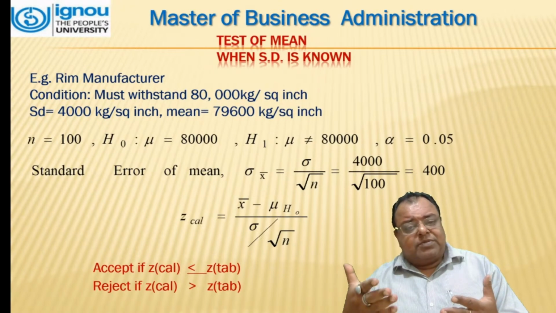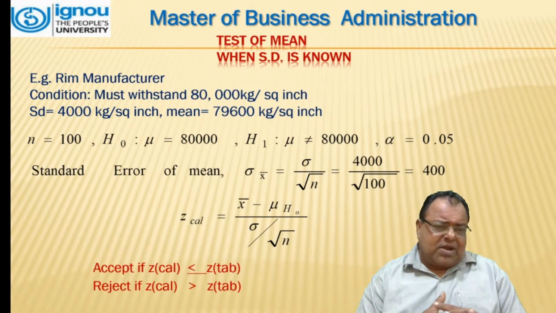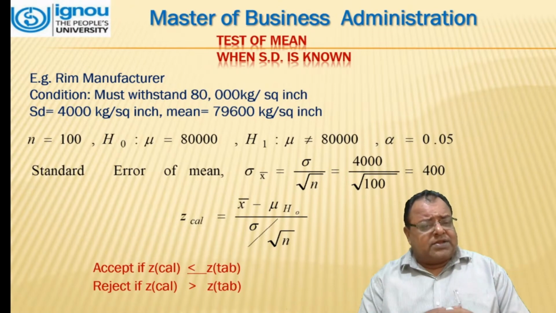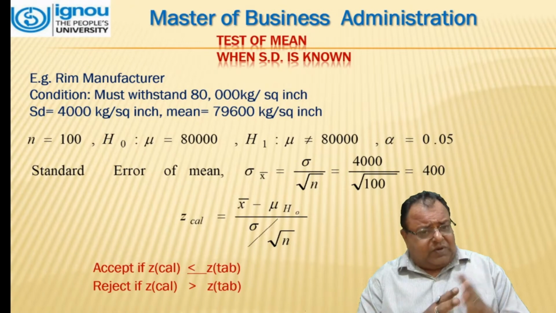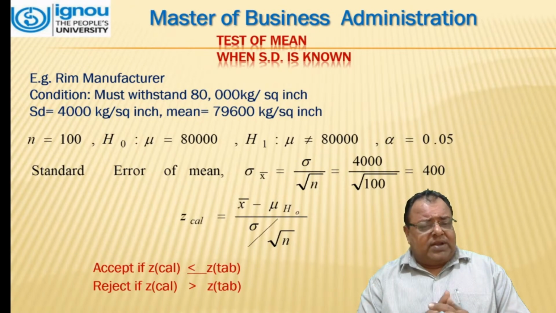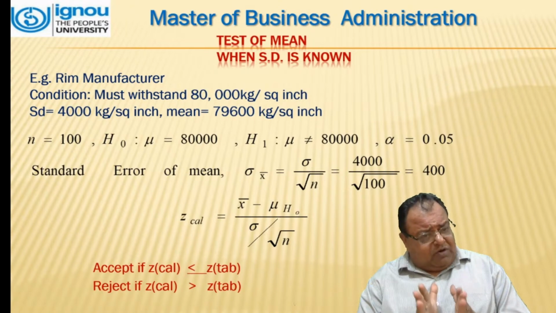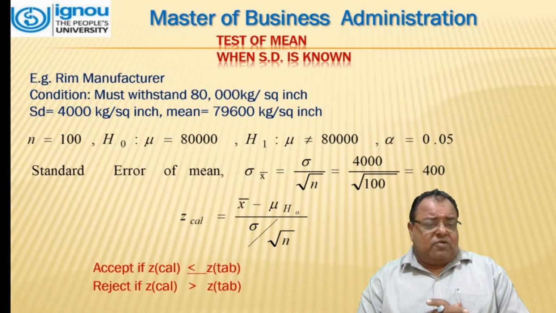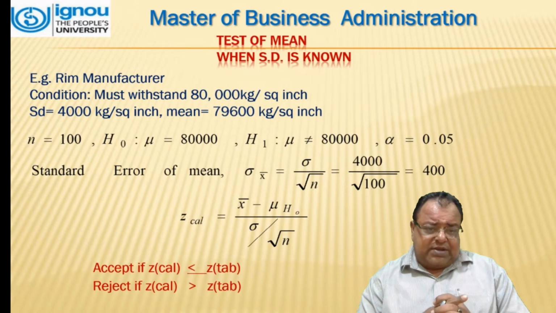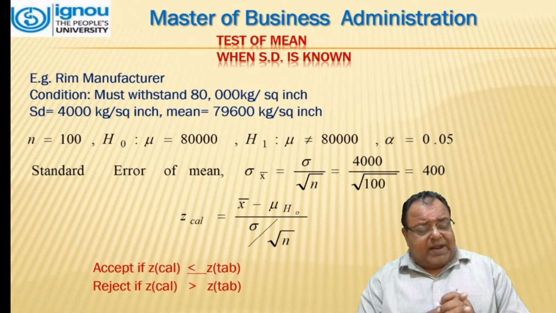Now let's see how this comes into problem solving. Suppose we talk about ring manufacture. The condition is it must withstand 80,000 kg per square inch load, your standard deviation is 4,000 kg per square inch, and your mean is 9,600 kg per square inch.